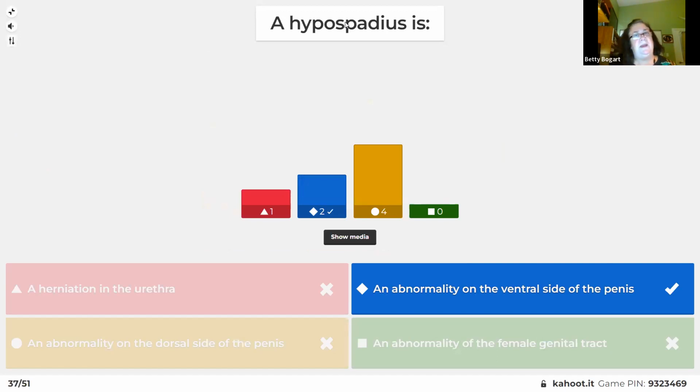But if you have a hypospadias or epispadias, you need that piece of circumcision skin in order to do a plastic closure. So it becomes an issue, and the parents really need to be told that it's important to save the skin so that they can do this repair. So it's on the bottom or the ventral side of the penis.